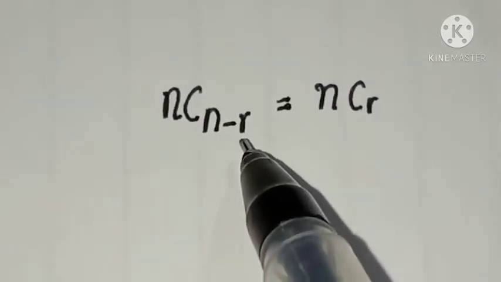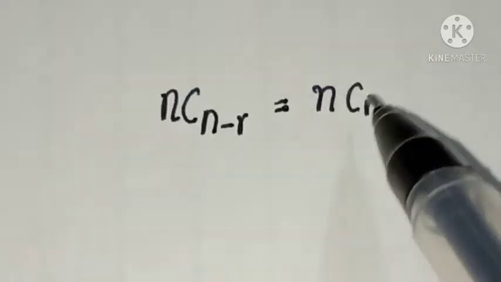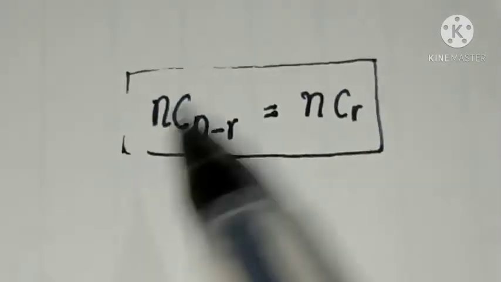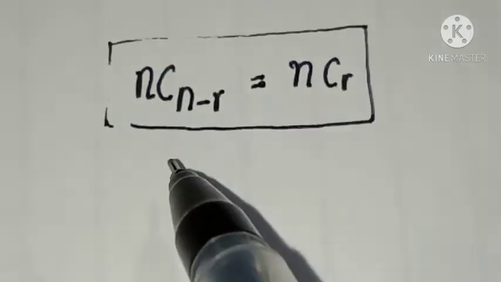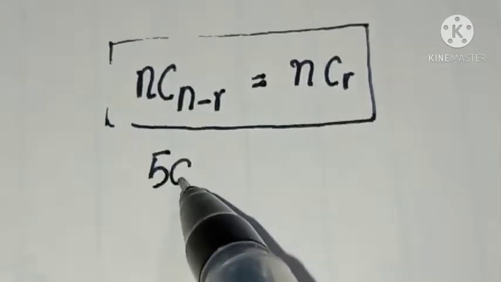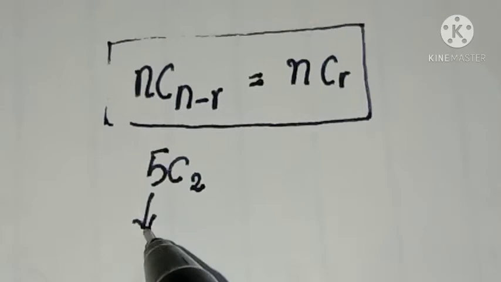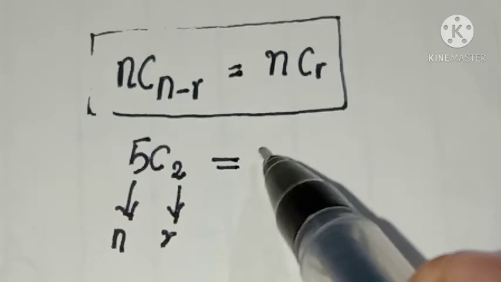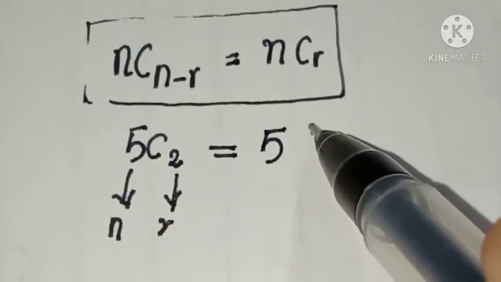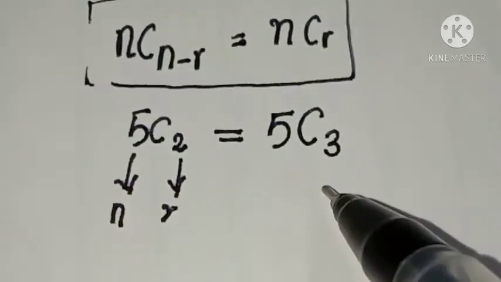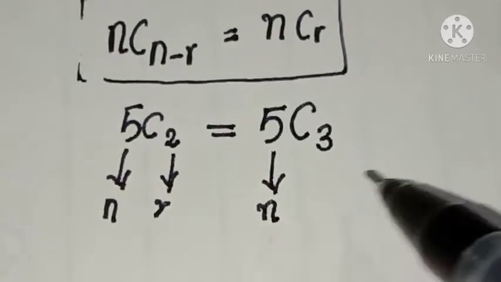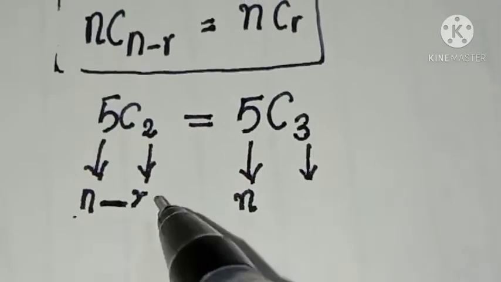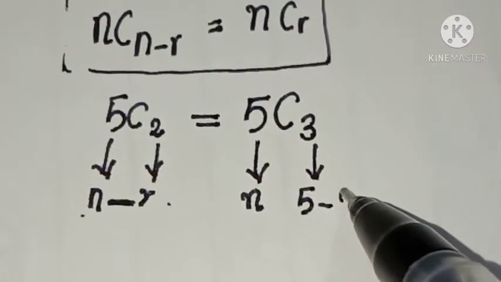Look at this result: nC(n minus r) is equal to nCr. This result is usually used for doing problems. Suppose we have 5C2, so here n equal to 5, r equal to 2. This is also the same as 5C3, where 3 is n minus r, that is 5 minus 2.